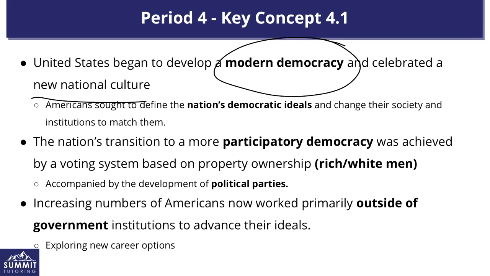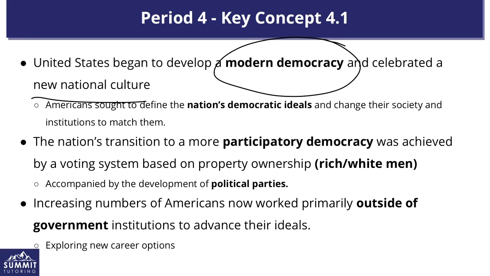So Americans sought to define the nation's democratic ideals and change their society and institutions to match them. Americans finally agreed upon a set of democratic ideals that they would all be able to use at the same time. They agreed that it was time to come together, it was time to unite, and they did just that.